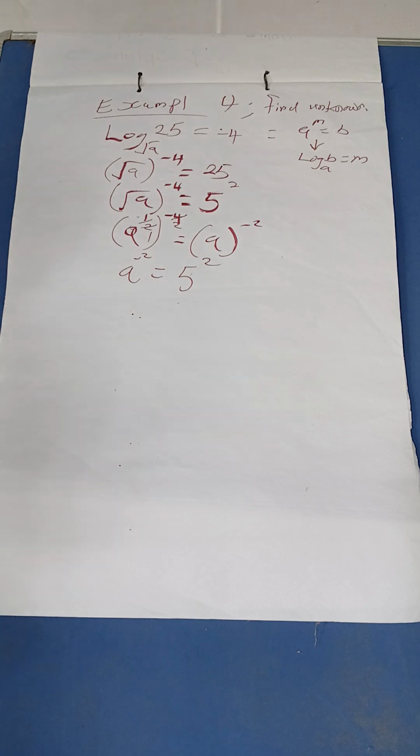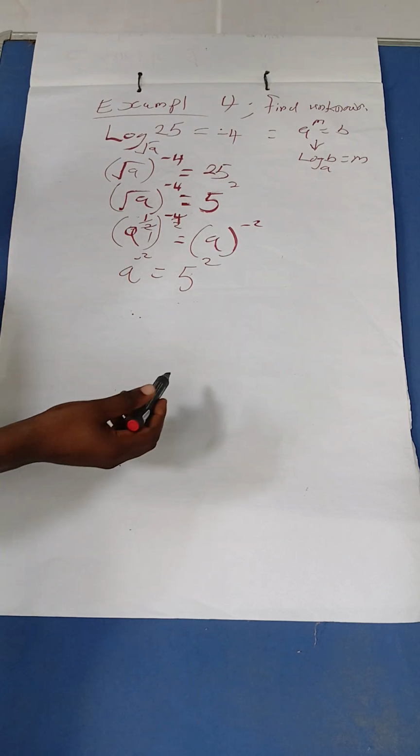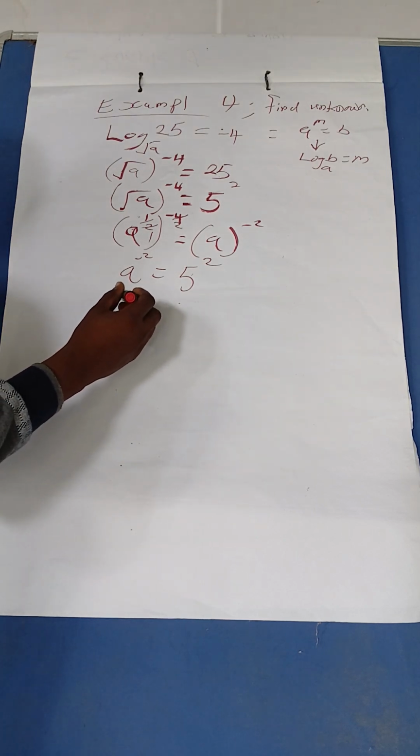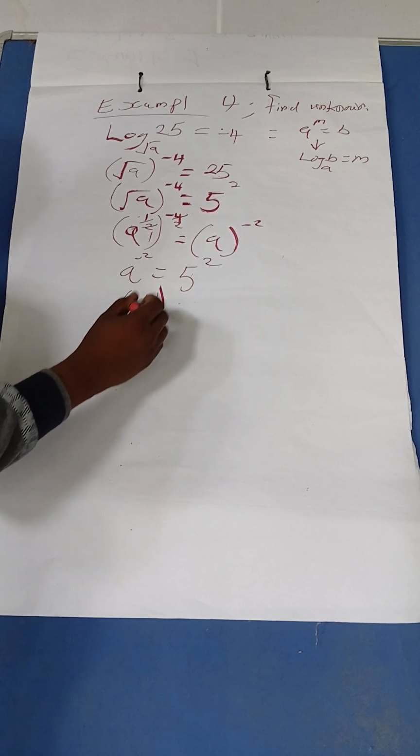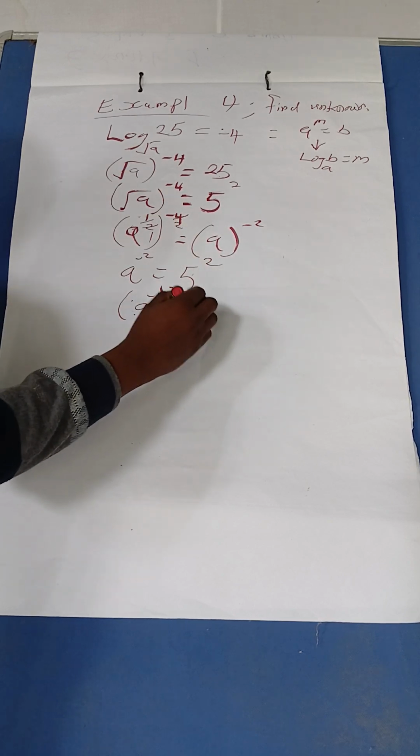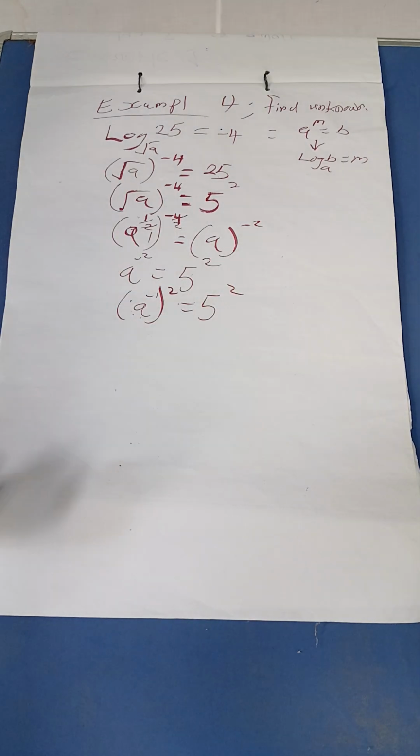Now, to make my powers the same, it will be a power negative 1, outside I put 2, is equals to 5 power 2. Very wonderful. I love this. I always love the science behind mathematics, this unit to do with business mathematics. Now we have made the powers the same.